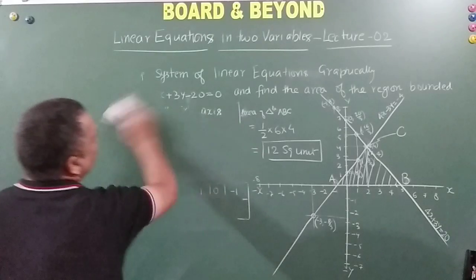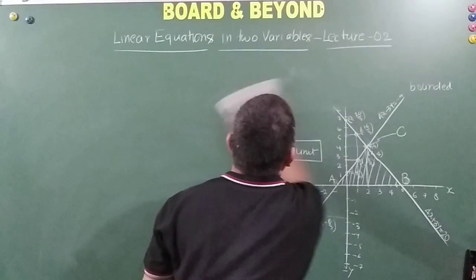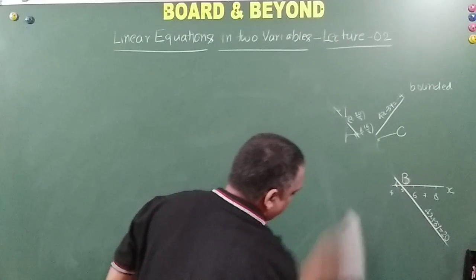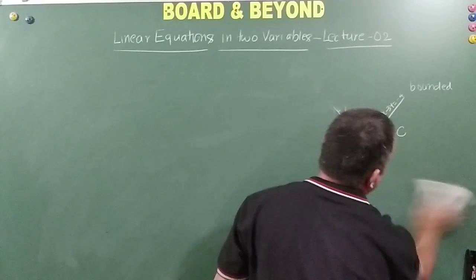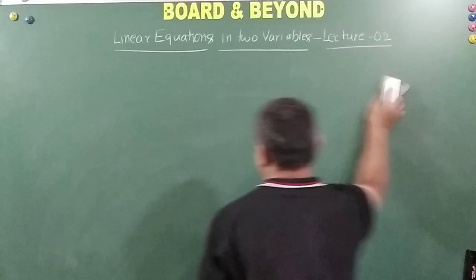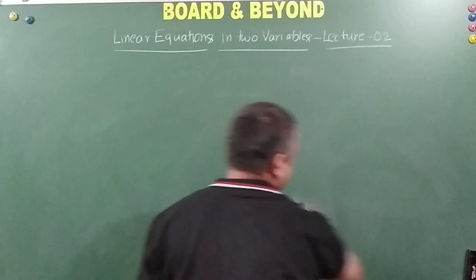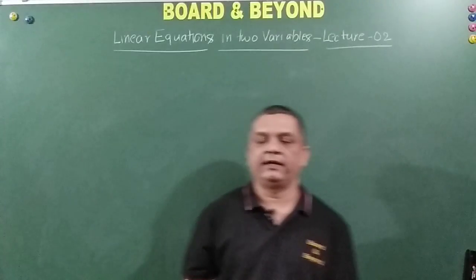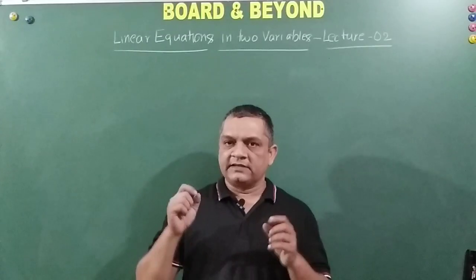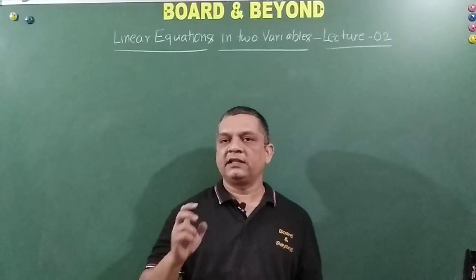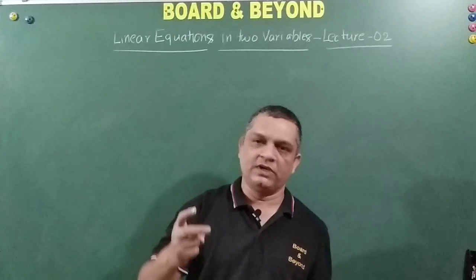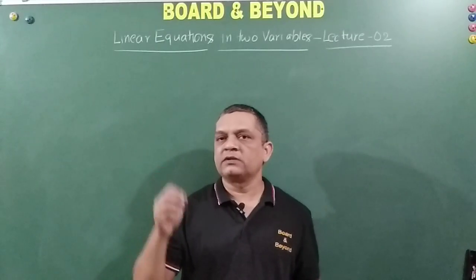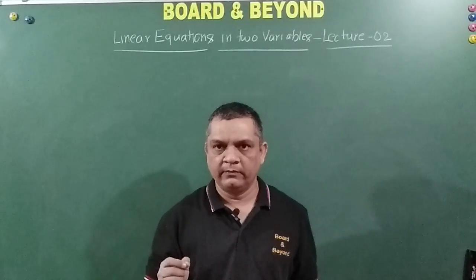So now we move on to a new concept, my friend, that is simultaneous linear equations. Okay, and how do we solve a simultaneous linear equation? So first of all, let us get some understanding about what simultaneous linear equations are, right? Simultaneous linear equations are nothing but when you have a pair of equations in 2 variables, right? And you find out the values of x and y, using any method.